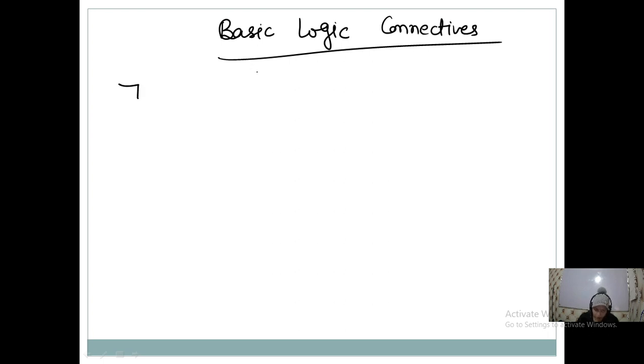In this, the proposition is represented by not P. That is known as not P. If we use the symbol conjunction, that means there are two propositions and both are true, P and Q. This is represented by P and Q. This is the disjunction symbol.